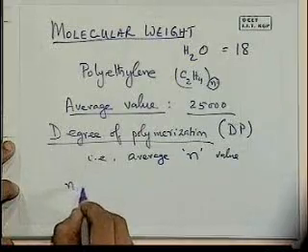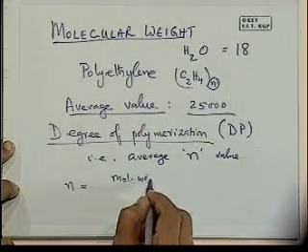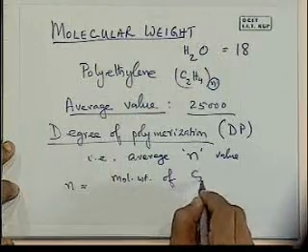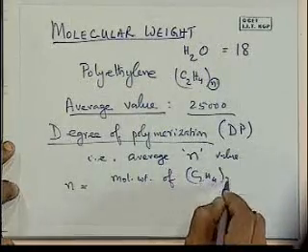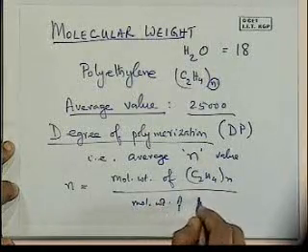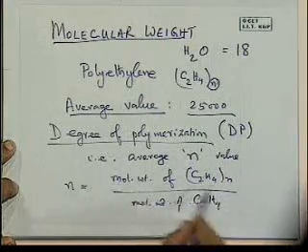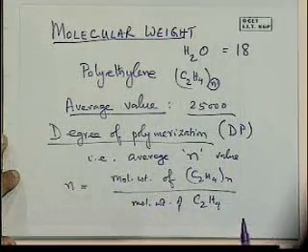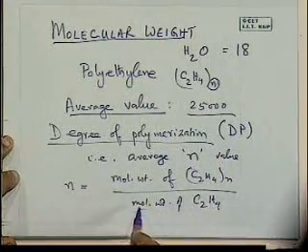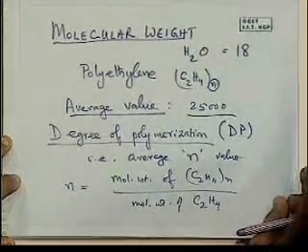And so in this particular case, N would be equal to the molecular weight of C2H4N by the molecular weight of C2H4. Okay? So the average molecular weight of C2H4N divided by the molecular weight of C2H4.